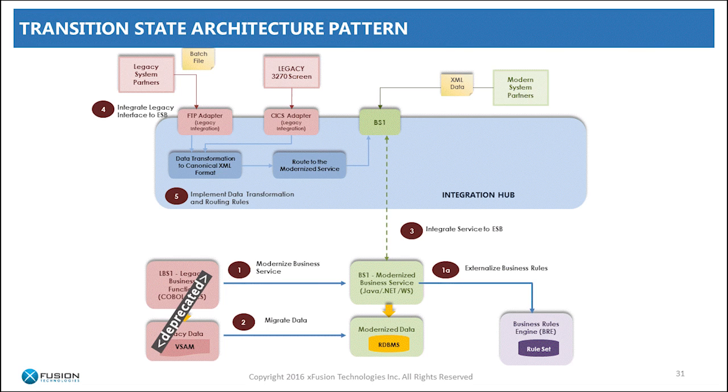I create a modernized business service out of that, using Java or .NET, web services, and so on. I externalize the business rules that I extracted from the legacy system and put them in a rules engine. Then I migrate the data stored in the old VSAM database into a modernized relational database.